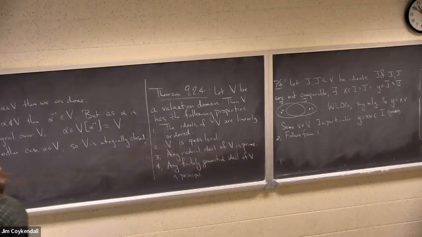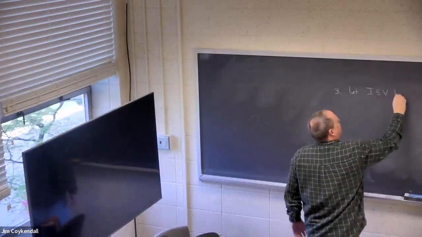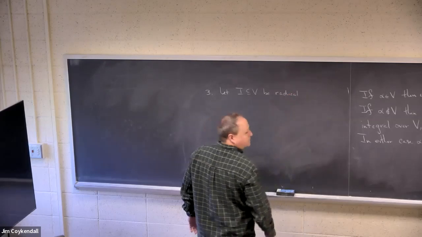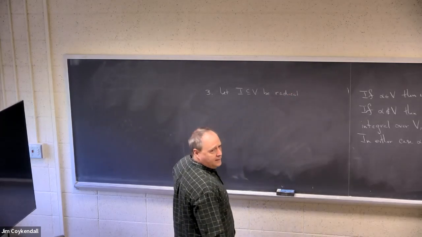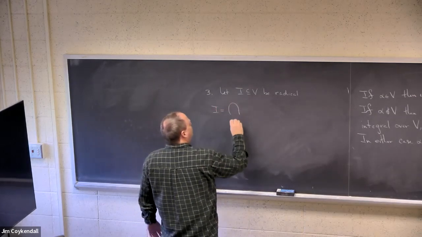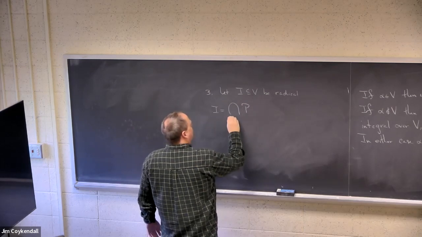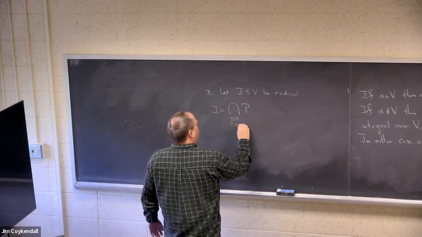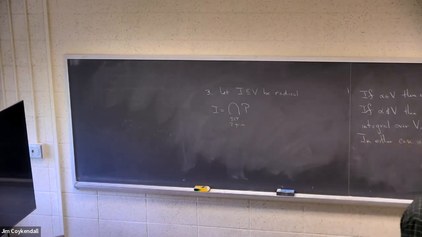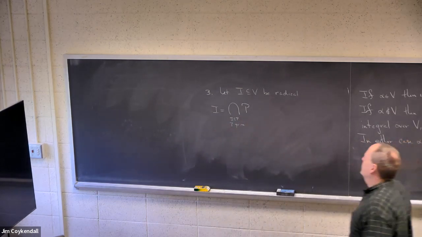So, using that, I will go through all the detail, maybe. I can be radical. I is the intersection of all prime ideals P containing I. But all these P's are comparable.